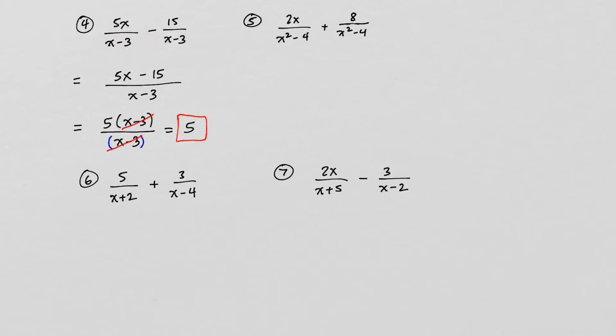That is, of course, unless x equals 3, because if x equals 3, you have an undefined expression here. So the answer is 5, and I'm just going to remind you that x cannot be equal to 3 in this problem. So always keep in mind that the denominator cannot be equal to 0.